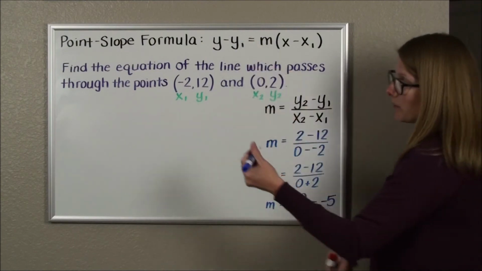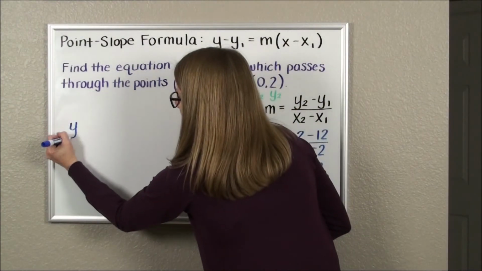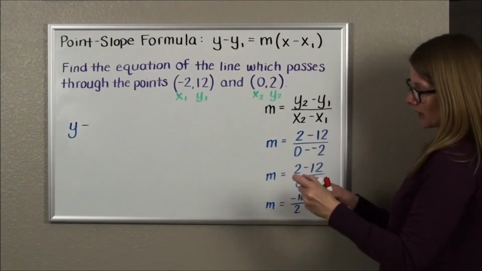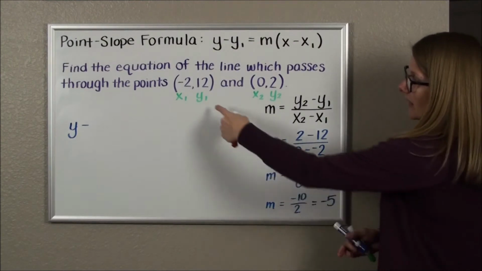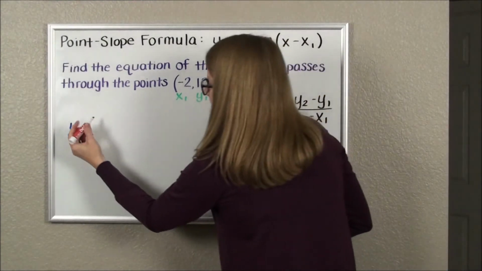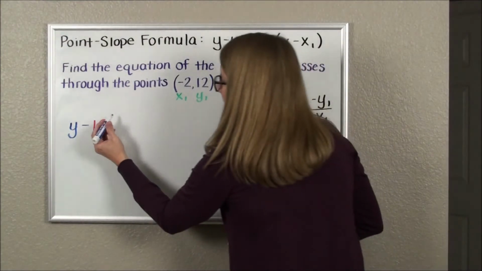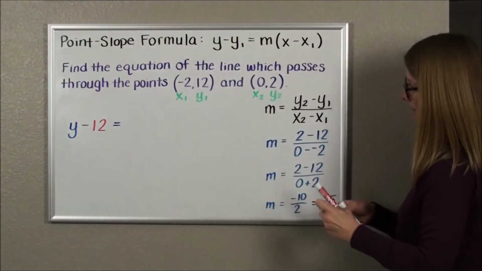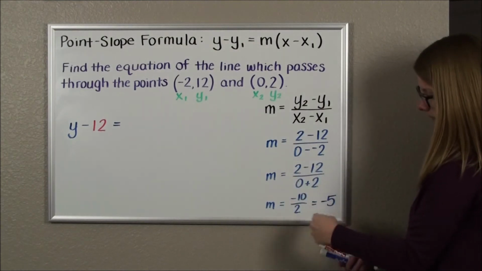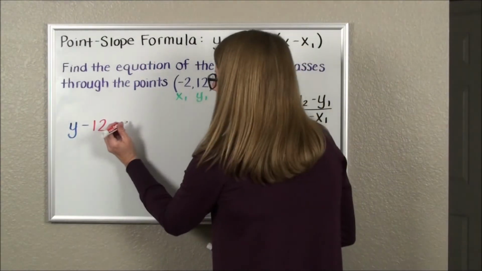So let's start that point slope formula, y minus. Now we need to plug in our y1 value, which we labeled as 12. And then equals m. We just calculated m using this new formula. We said m is now negative 5.